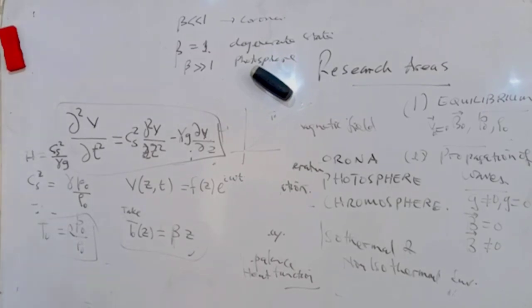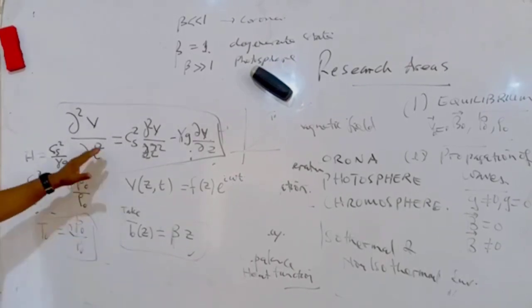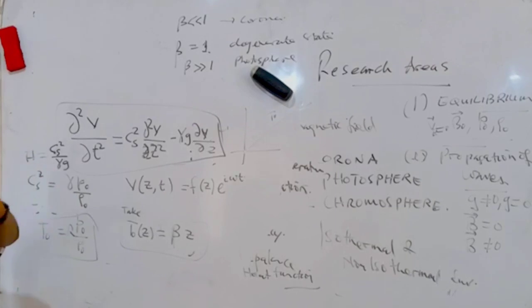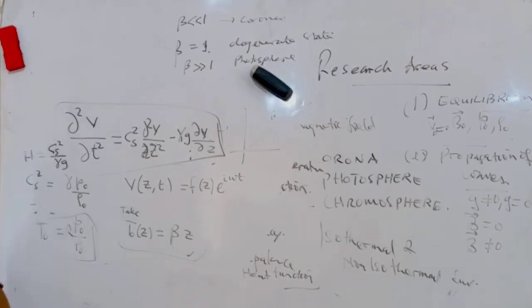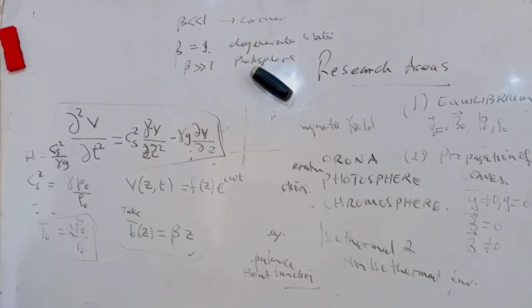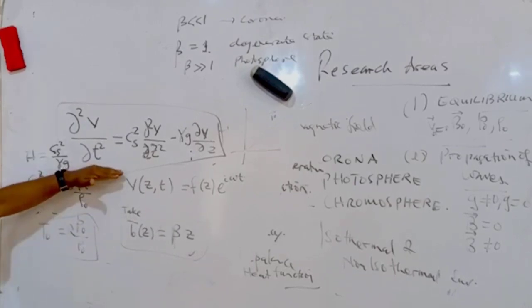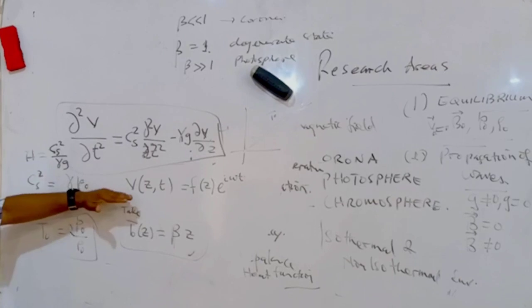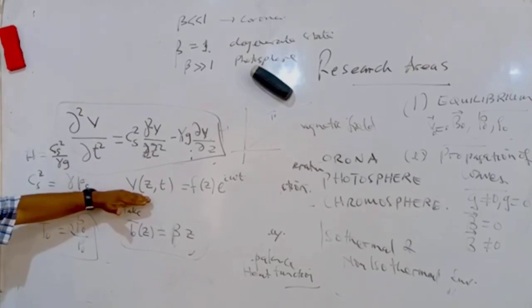Okay, so we look at this. Now listen, I want the solution tomorrow. Collect extra sheets of paper. You are given this equation. We want a solution of it in this form.